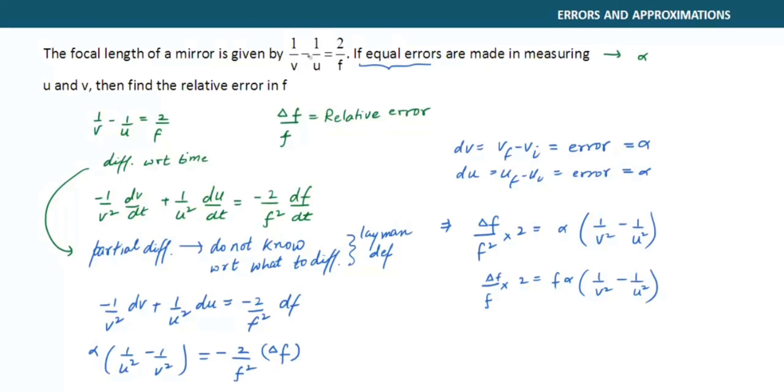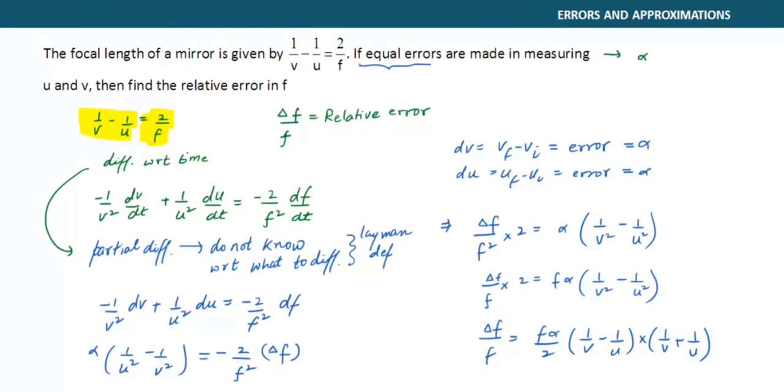In fact, I can write delta f by f is equal to f alpha by 2, and I can then split this into 1 minus v into 1 minus u into 1 by v plus 1 by u. So what is 1 by v minus 1 by u? Can you see it here? It is already there with you, 2 by f.